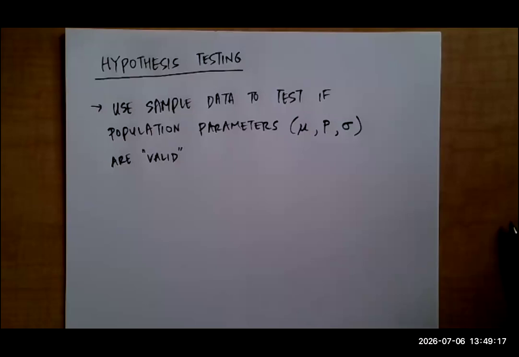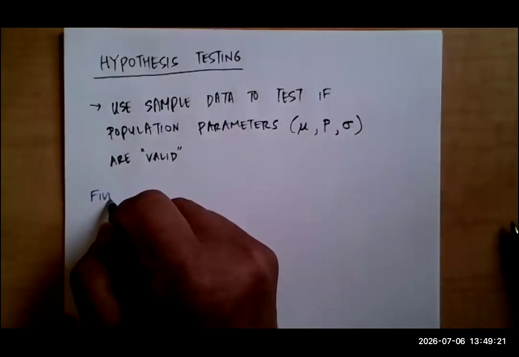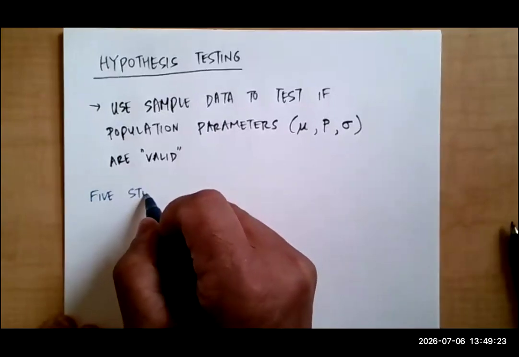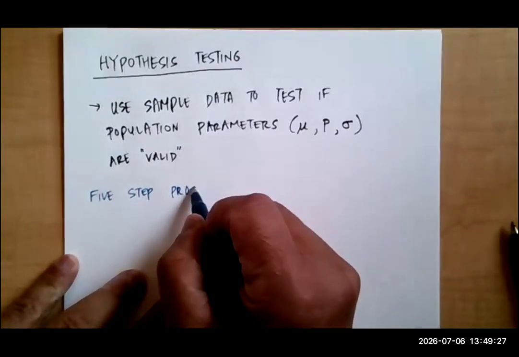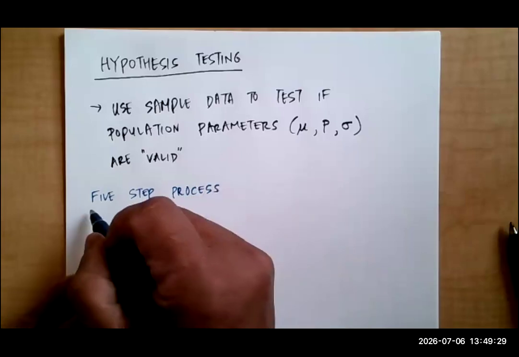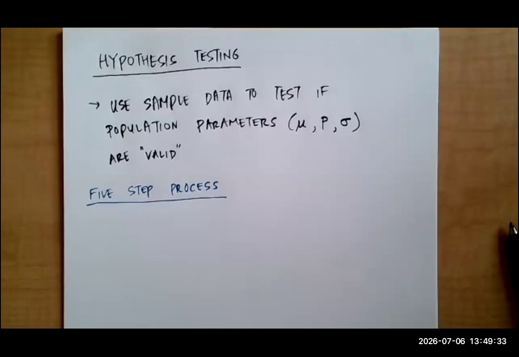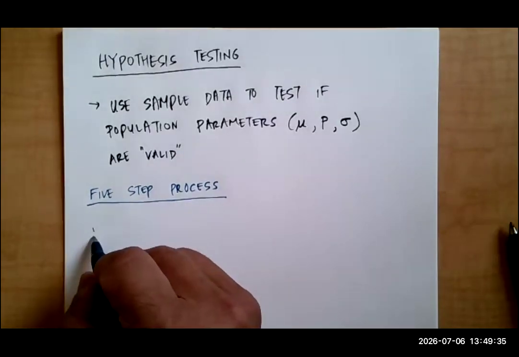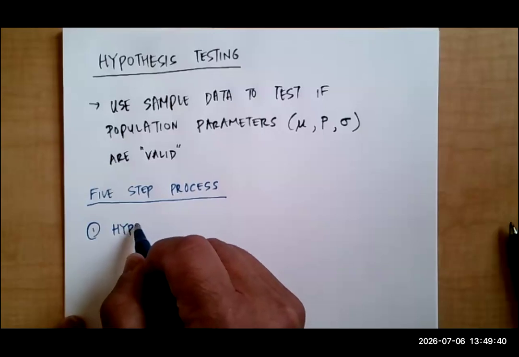And so when we're going through hypothesis testing, we typically have these five main points to go through for this process. The first step is that we want to identify our hypotheses.